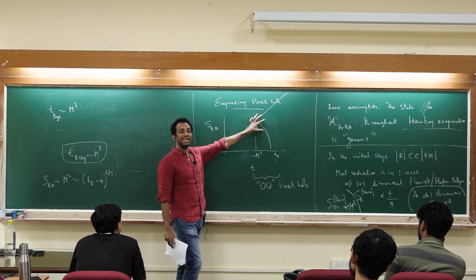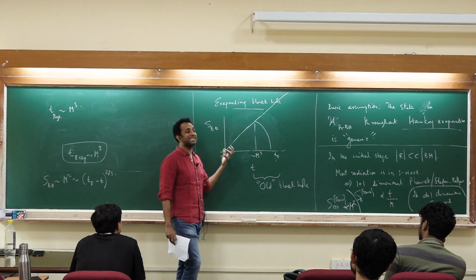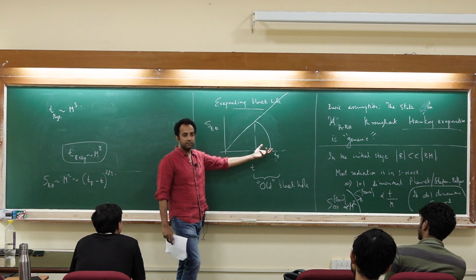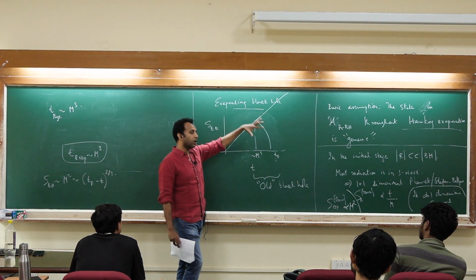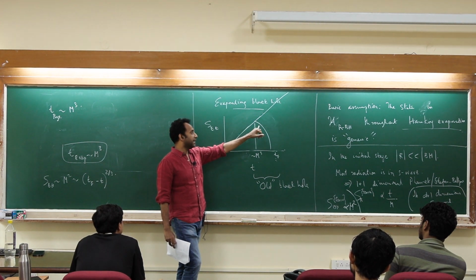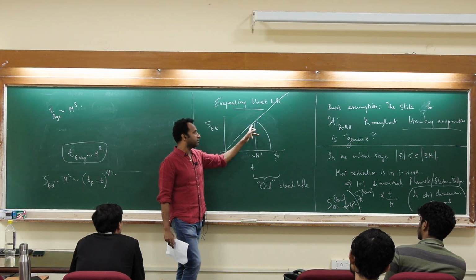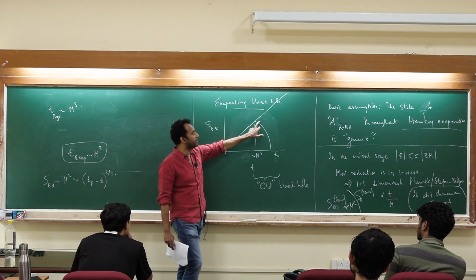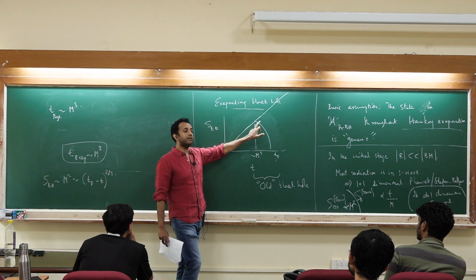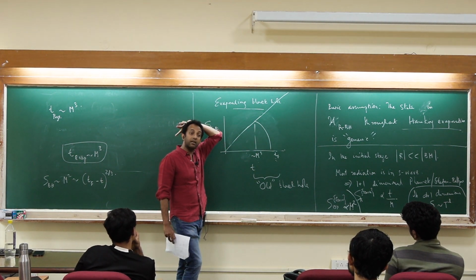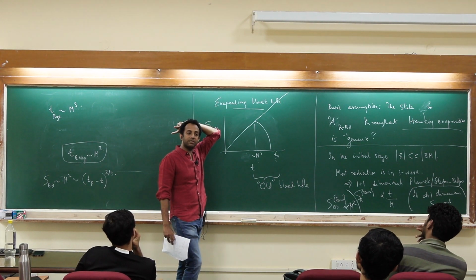So if you want the whole state to be pure, then the radiation that is coming out at this time better be entangled with the radiation that came out earlier on. That's the only option that you have.